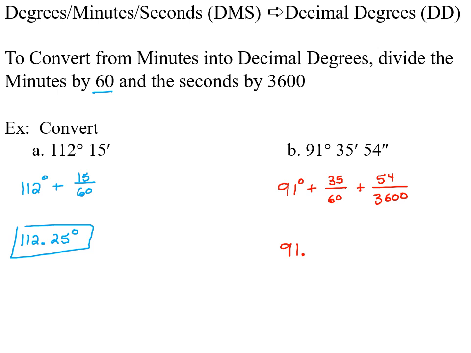So, I'm actually going to pull out a calculator here and type it in. So we'll have 91 plus 35 over 60 plus 54 over 3600. Yeah, and so you end up with something like 91.598 degrees. That's rounded off.